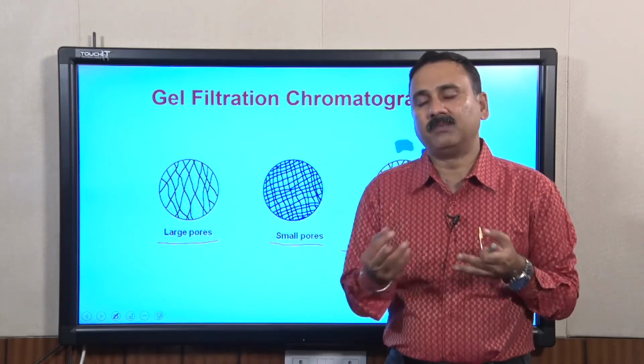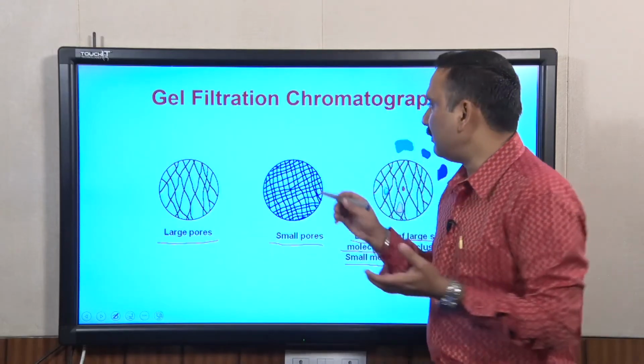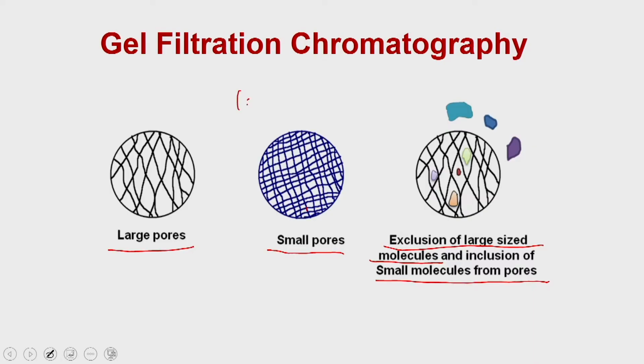It does not follow the normal filtration principle. In normal filtration, suppose I am using a filter of 10 nanometer. That means the particles which are smaller than this are going to be filtered out, whereas the particles which are larger are going to be retained on the filter.